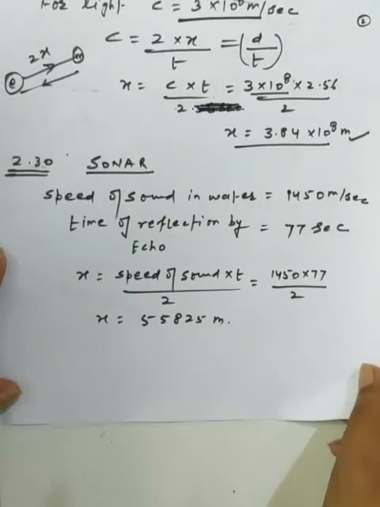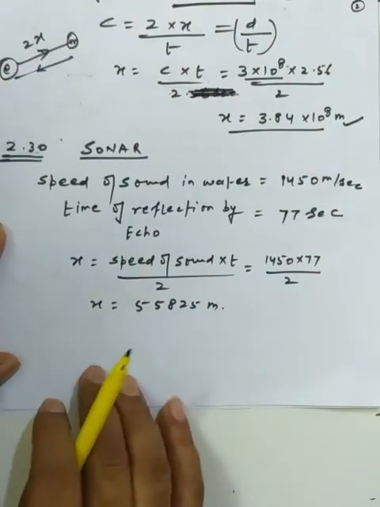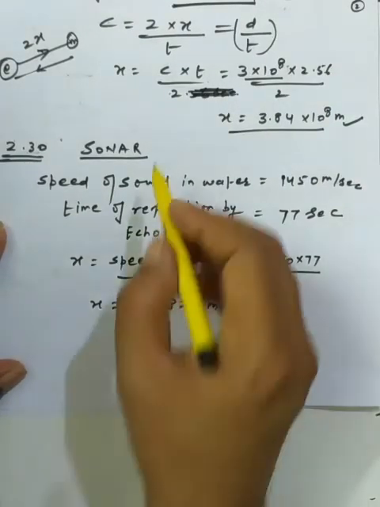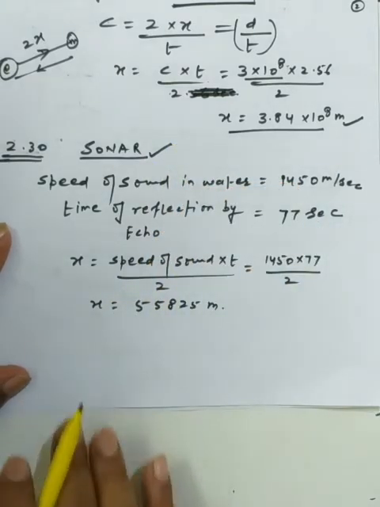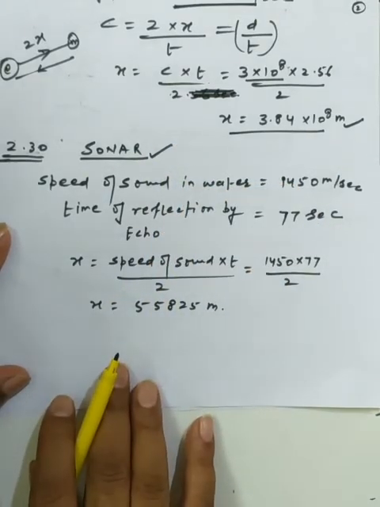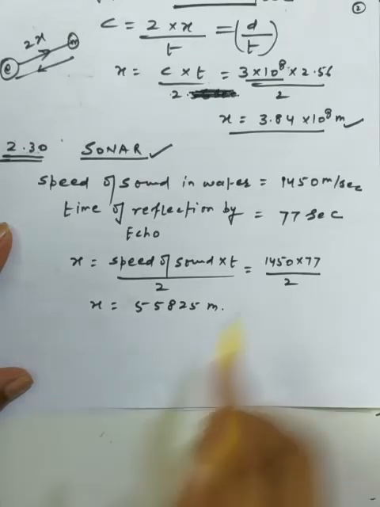Now we are solving question number 2.30, and this method is bound to the concept of sonar. The statement is: a sonar uses ultrasonic waves to detect and locate objects under the water. A submarine equipped with sonar finds the time delay between the generation of the probe wave and the reception of the echo wave after reflection from the enemy submarine to be 77 seconds.